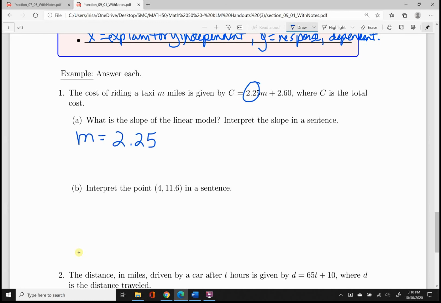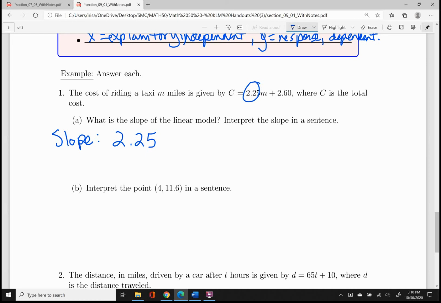It's extra confusing because m is the independent variable. It's acting like the x in this model, but m is also the quintessential variable attributed to slope. So maybe I will make a point of not saying that it's m. I will call it the slope. We'll categorize it that way.